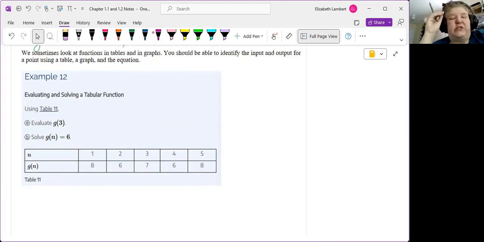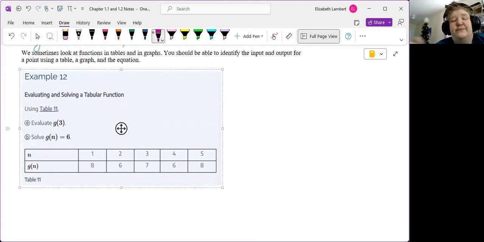Now, sometimes the book is going to represent functions not just as a formula, but as a table like we see here. It could be a graph or the formula or the equation like we normally see. You do need to be able to kind of read this value and understand what's being asked, how to interpret it. So we just did evaluate f of 2, evaluate f of 1. Well, now we're evaluating g of 3. But instead of a formula, I have this table.